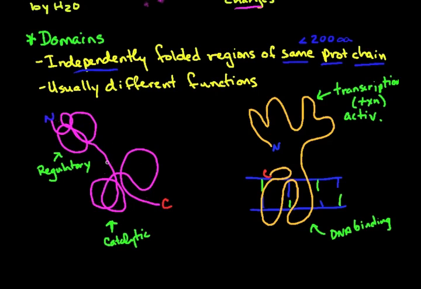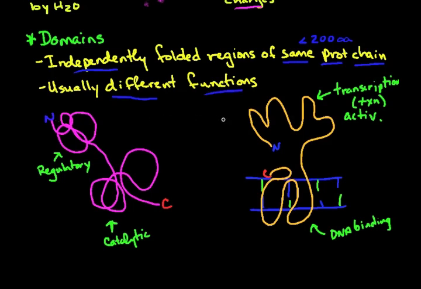Usually they're joined by some sort of loop region that separates them. And so here are two examples, and I'm going to give you these examples that will also include some of the different functions that domains can play.